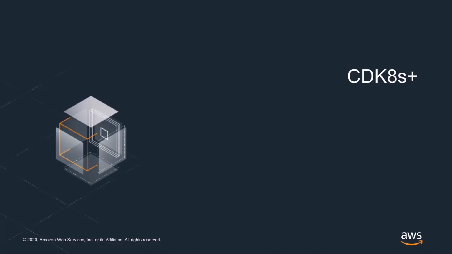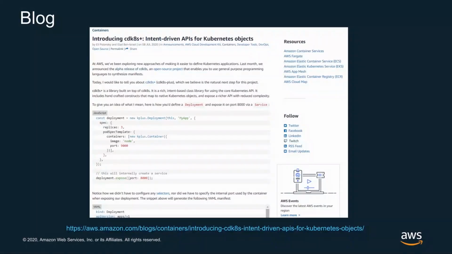Right, so let's look into CDKs Plus, which is kind of a follow-up release to CDKs, and it was following the launch of CDKs in May. Elad and Eli launched CDKs Plus in July as a package within CDKs repository to enable higher level constructs.